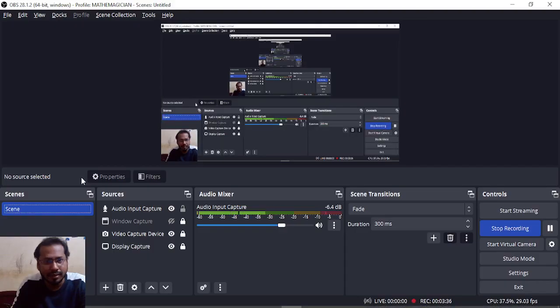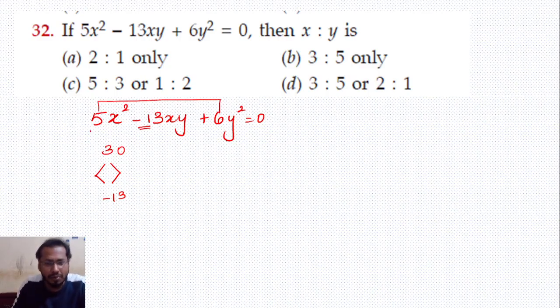Add the numbers. 6, 5, so 10, 3, shall we take? 10 and 3. 10 into 3 is 30. 10 plus 3. So let's take negative 10, negative 3. Correct?